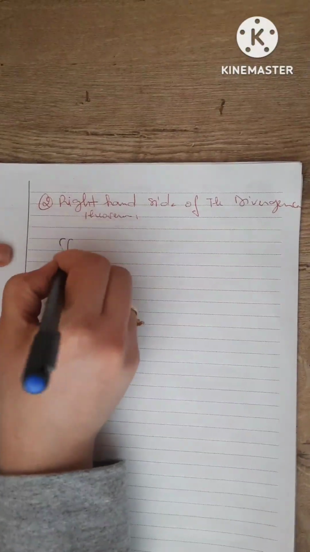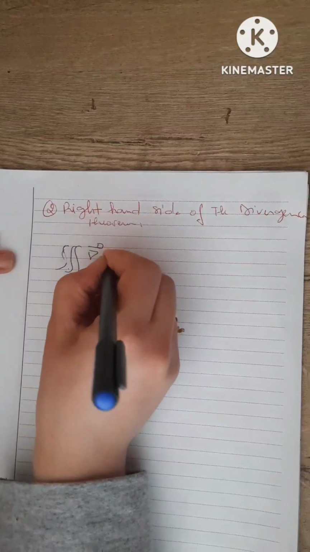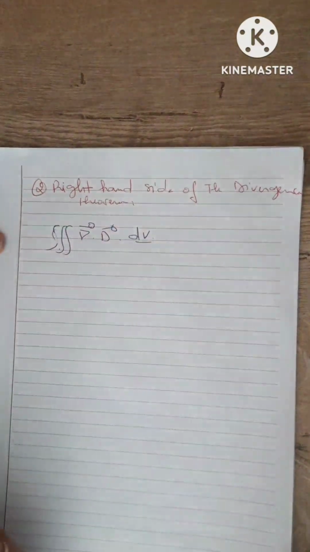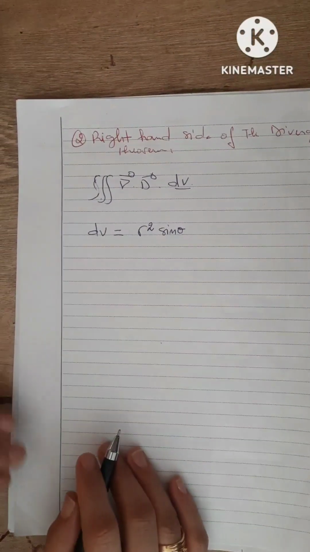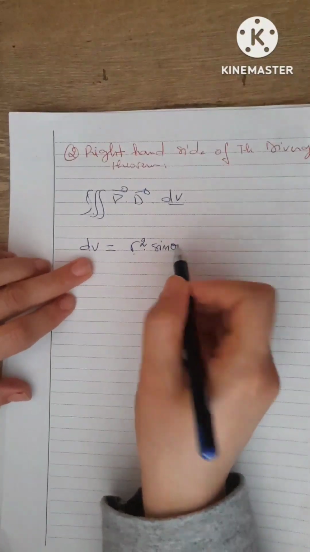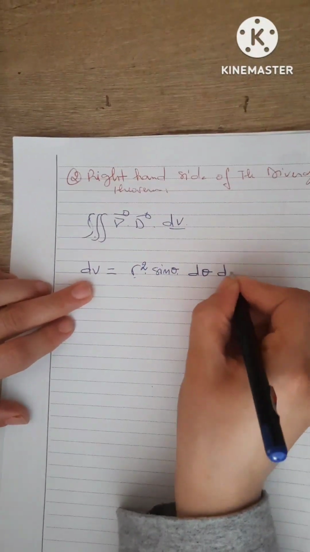We have the integral of divergence of D dV. What is dV of the sphere? We know dV is r squared sine theta dr d theta d phi.